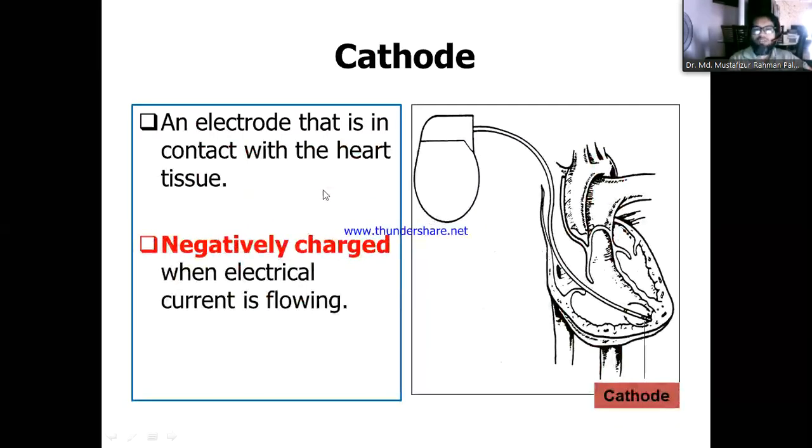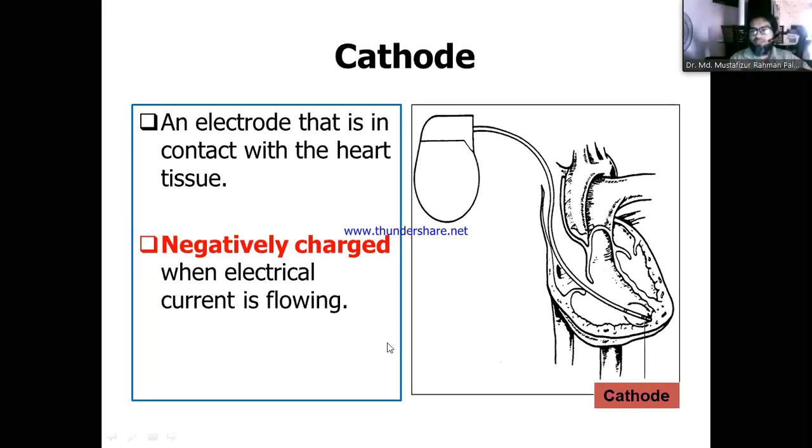On the outside, it is the insulator, and at the tip is the conductor, the tip and the ring, and these are the fixation mechanisms, the tines and fans. Later on I will show you. The cathode is negatively charged, and it is at the tip of the lead. It is the electrode in contact with the heart muscle, the heart tissue.